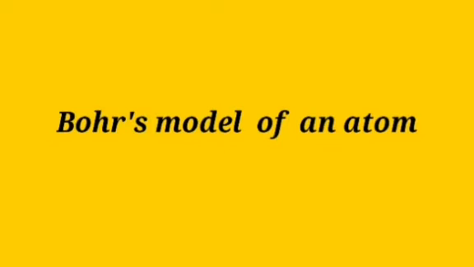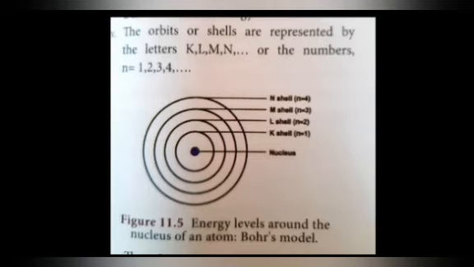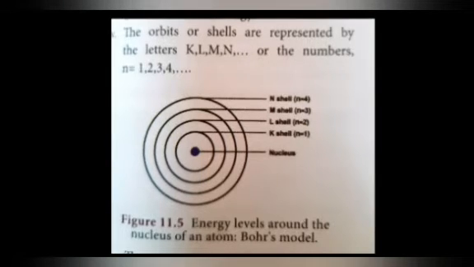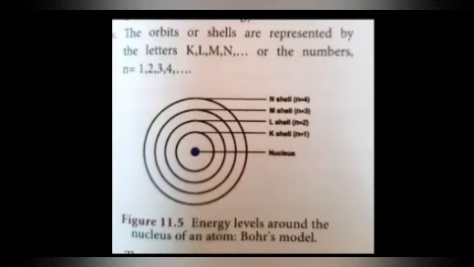While revolving around the nucleus in an orbit, an electron neither loses nor gains energy. An electron in a shell can move to a higher or lower energy shell by absorbing or releasing a fixed amount of energy. These orbits or shells are represented by the letters K, L, M, N or the numbers n = 1, 2, 3, 4.